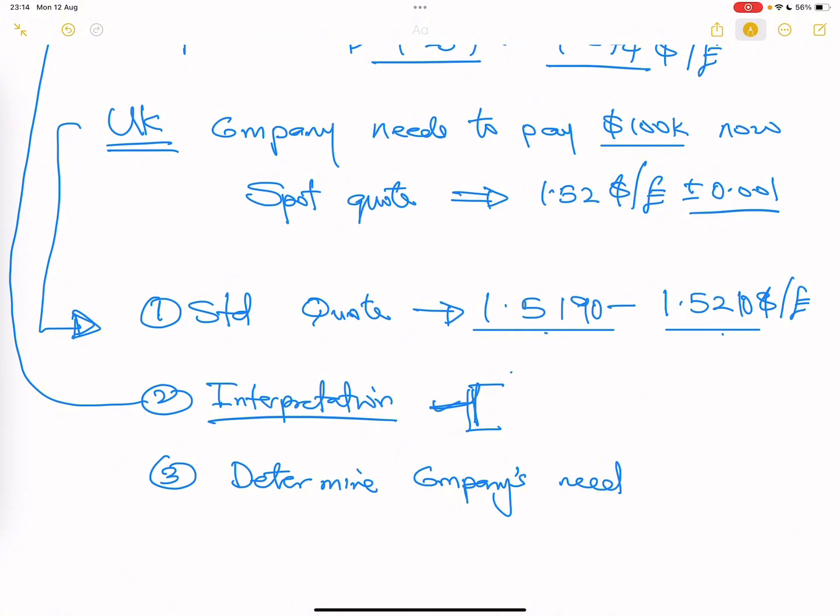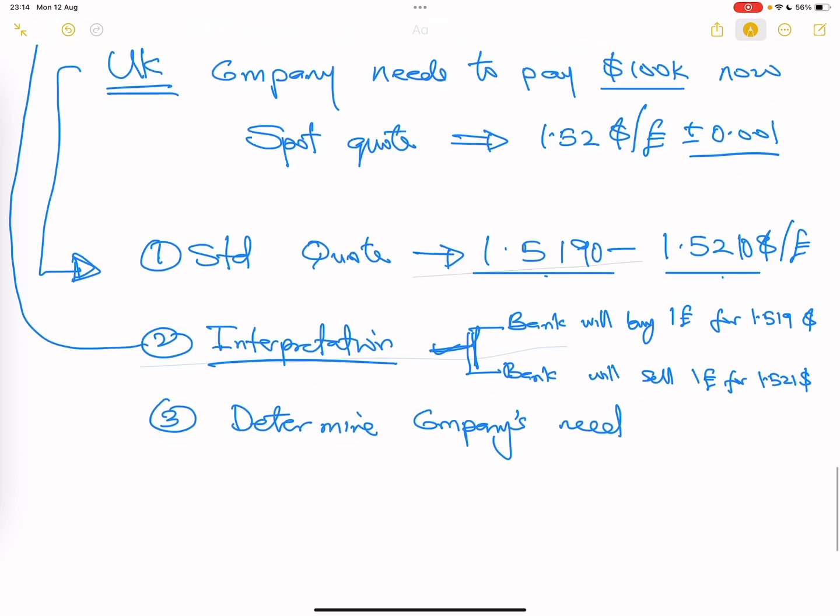What we are saying is that the bank will buy £1 for $1.519, and the bank will sell £1 for $1.521. Yeah, we have that interpretation.